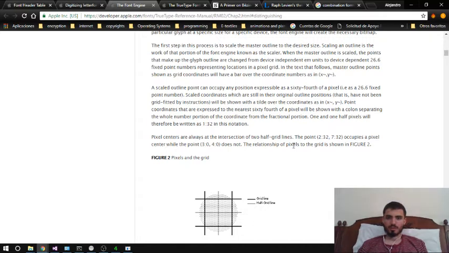One and one half pixels will therefore be written as 1 and 32. Okay, so it's like 64.